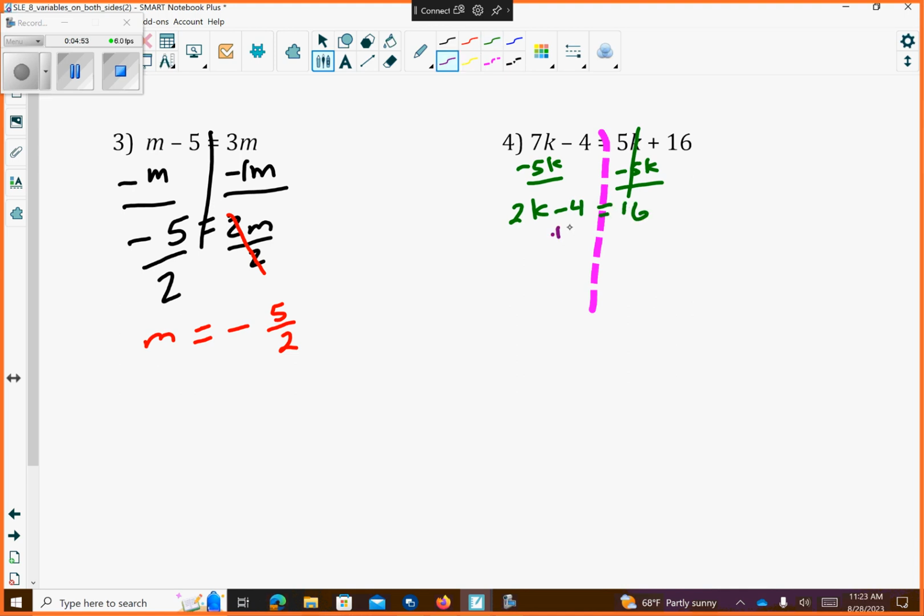We're going to add 4 to both sides. Those cancel, so I get 2k is equal to 20. Divide both sides by 2. So k is equal to 10.